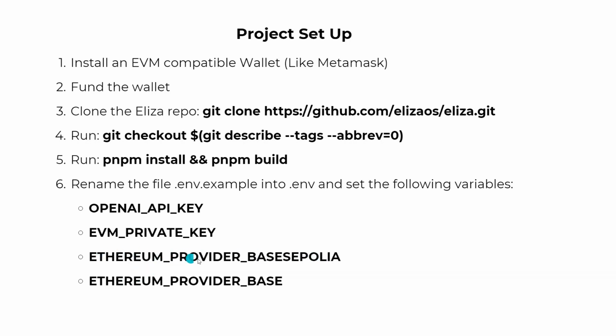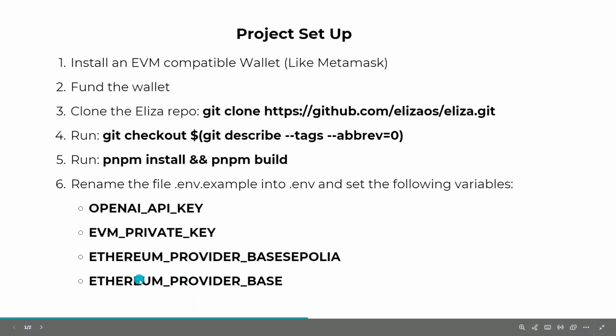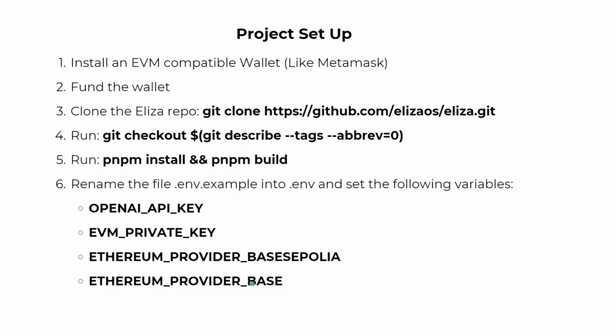In this case, we need to provide the RPC URL for Base Sepolia if we want to try the plugin in a testnet, or we can use this one, the RPC URL of the Base mainnet, if you want to try the plugin in the Base mainnet.